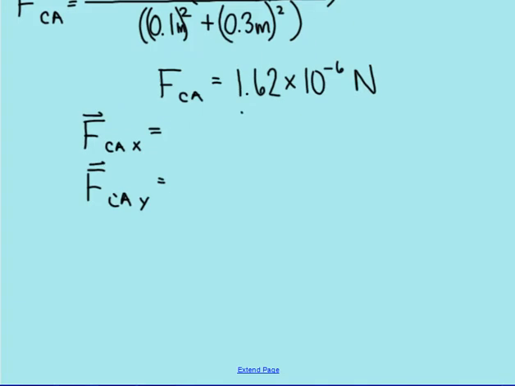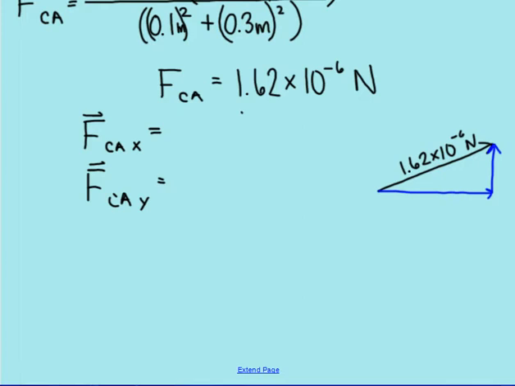Because A is attracted to C, this force vector looks something like that, with a magnitude of 1.62 times 10 to the negative 6th newtons. We are trying to find the x and y components. So there's my x component and there's my y component.